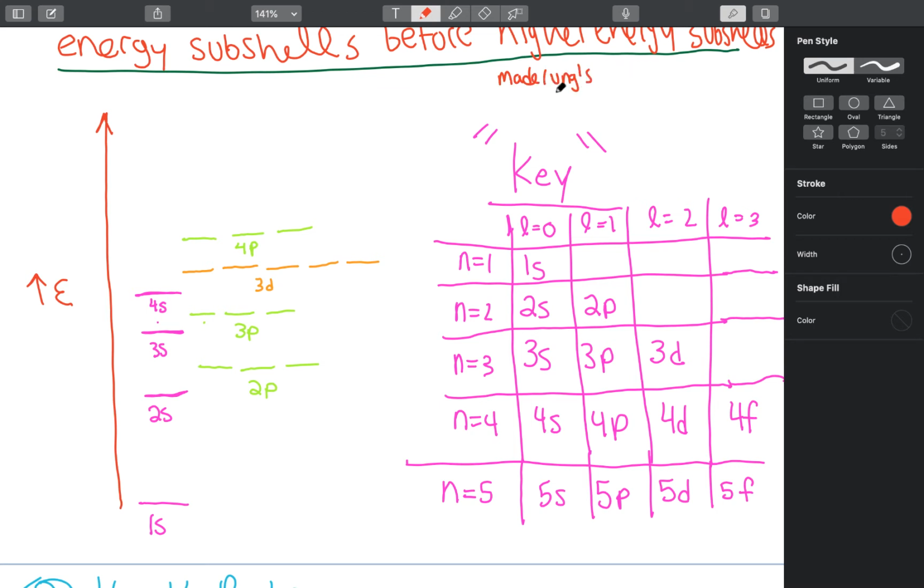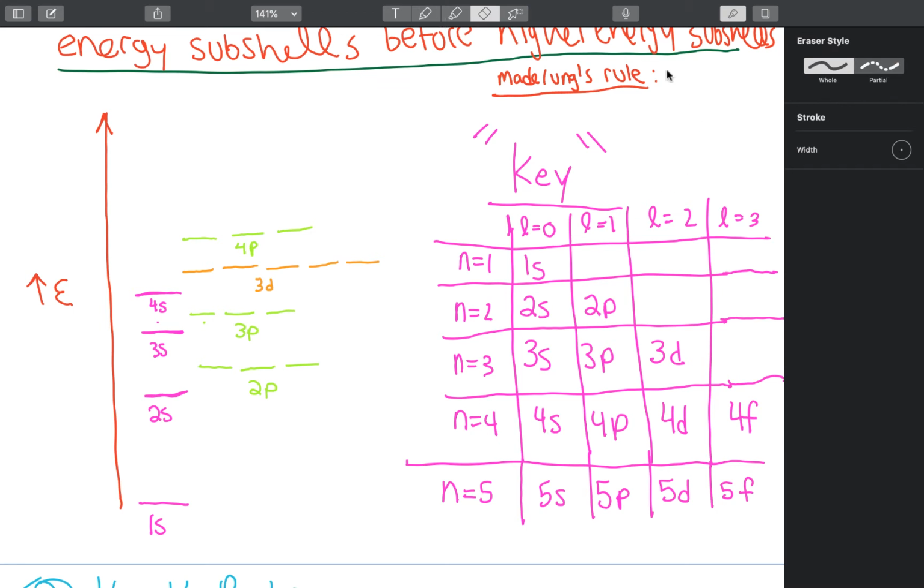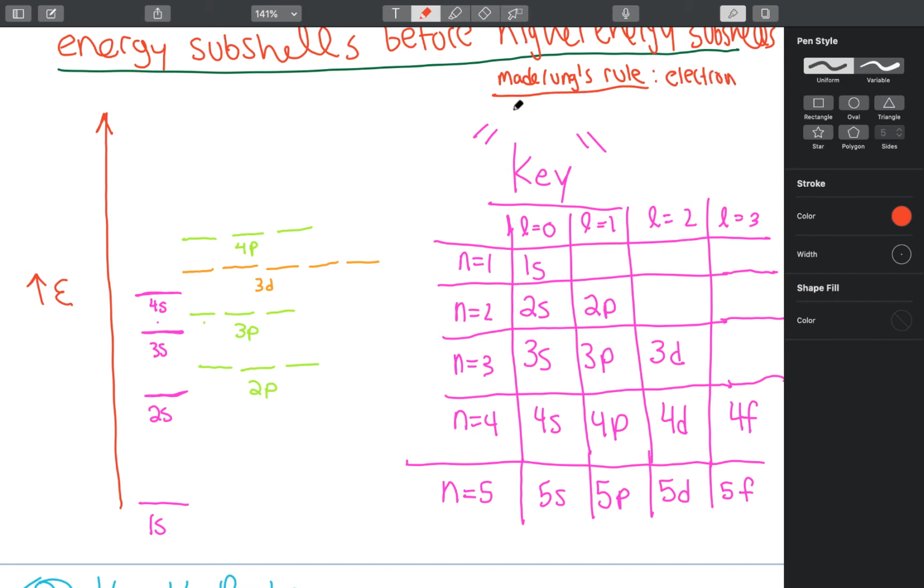Madelung's rule basically states that electrons fill subshells with lower n plus l values first.